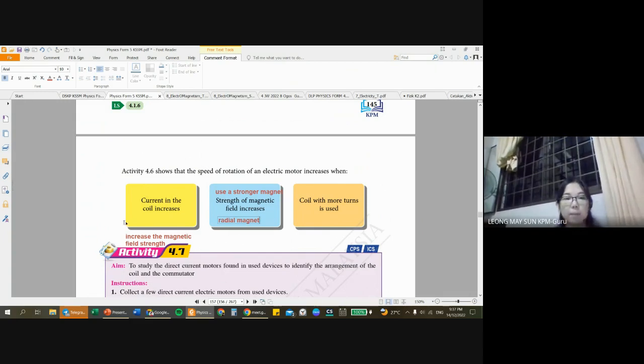All right, but for another answer, if you don't want to keep repeating the words increase magnetic field strength, you can actually use the words increase the magnetic force. Okay, that is also acceptable.